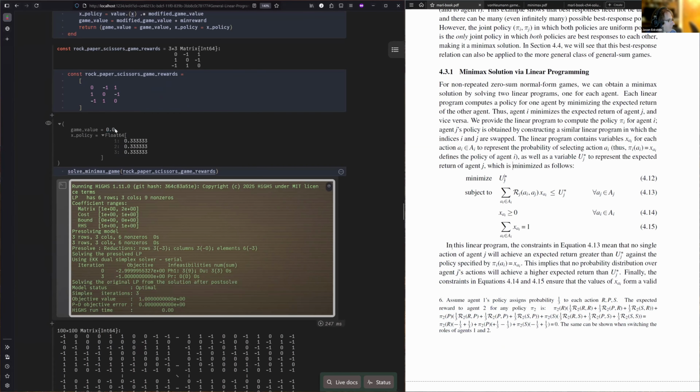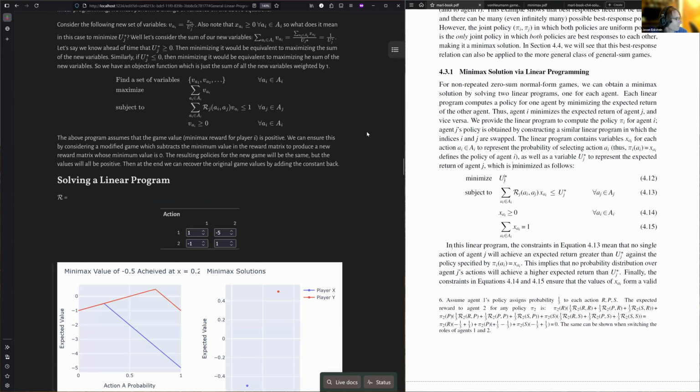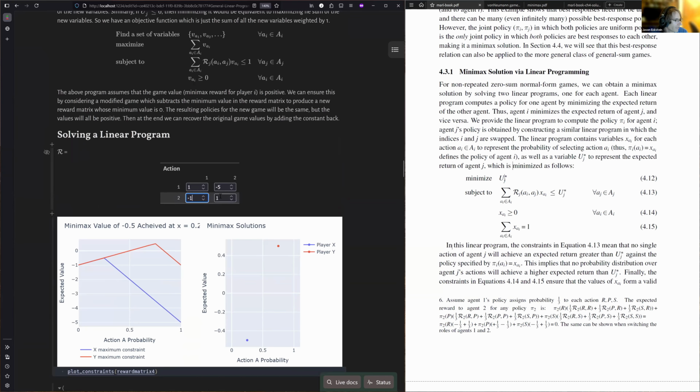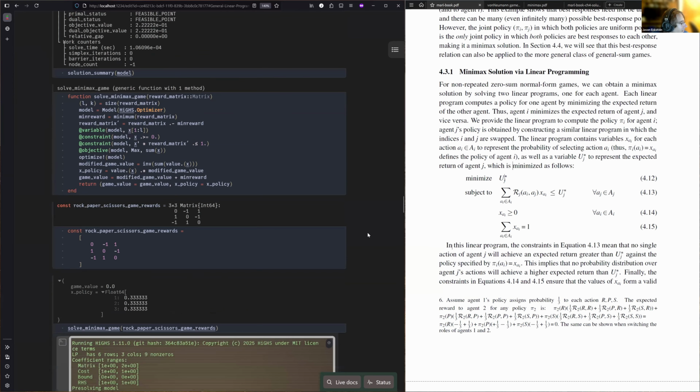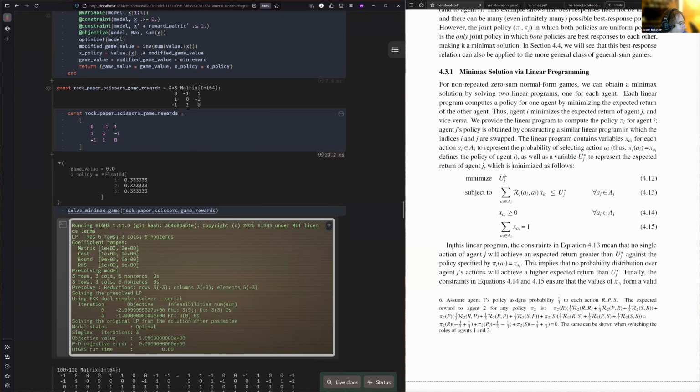And the reason why the game value is 0 is because here you expect to win, lose, and draw an equal amount of times. But this is a game example where in the Minimax solution, both players have a mixed policy. And I was showing these two player games where we can just make an arbitrary game, and this doesn't really represent anything you'd be familiar with. But the rock, paper, scissors game is a little less trivial, but it should be intuitively obvious to people that the best you can do is to play randomly, right?